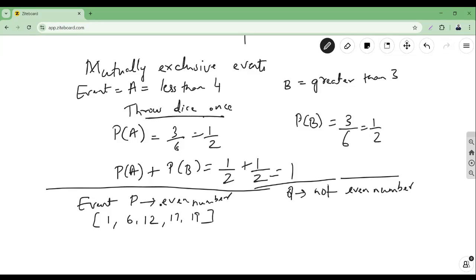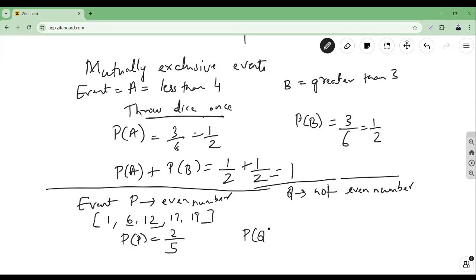Now, the probability of finding an even number and the probability of finding it is not an even number. Because these two are mutually exclusive, you need not find both. If I find the probability of P, an even number, it is 6, 12, and that's it, right? 2 fifths.